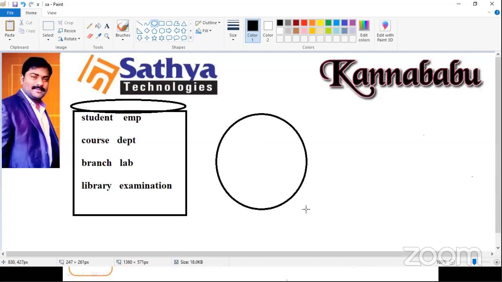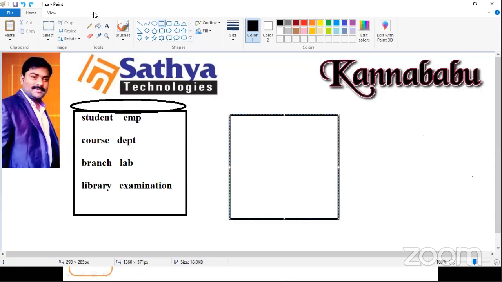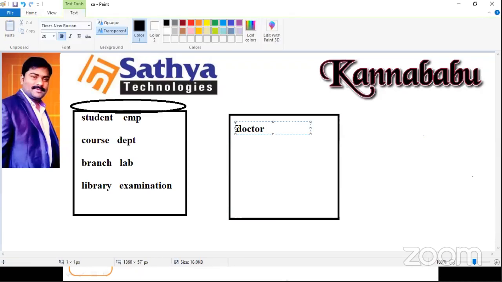Similarly, if I want to develop a project for a particular hospital, I want to maintain the doctor details, the patient details, the inquiry details, the lab details, pharma details, some inpatient details.